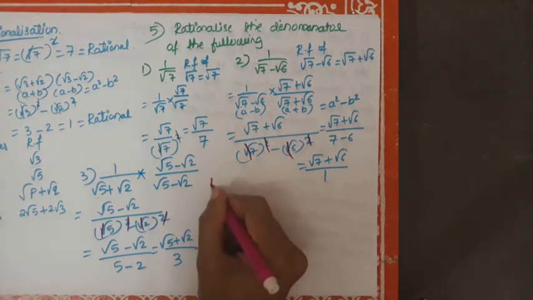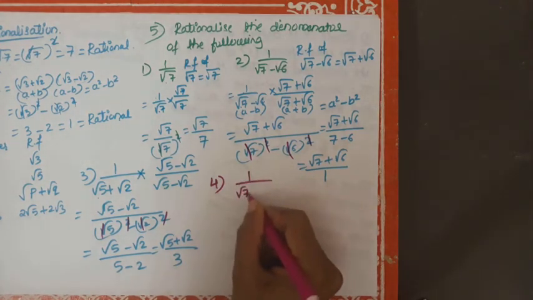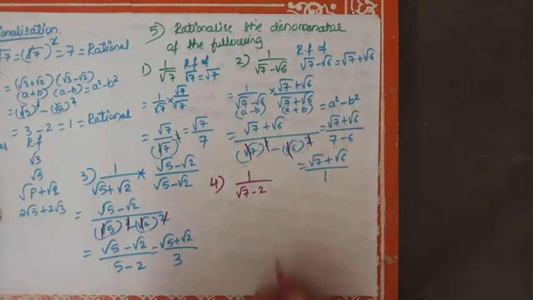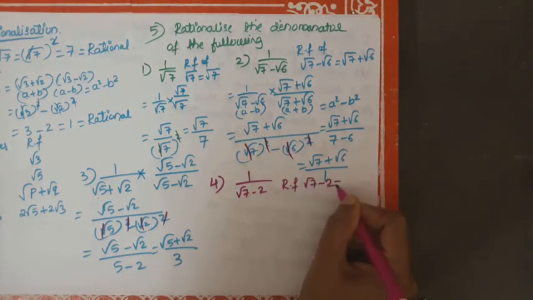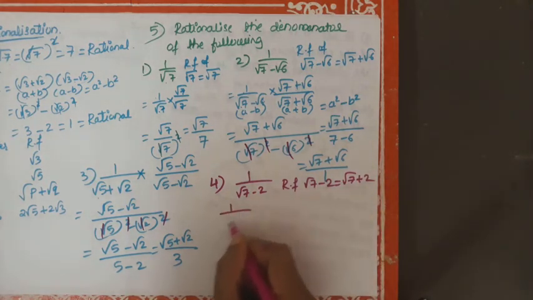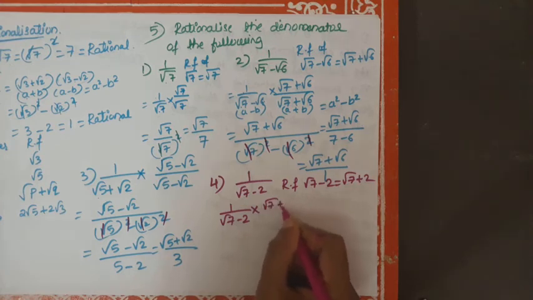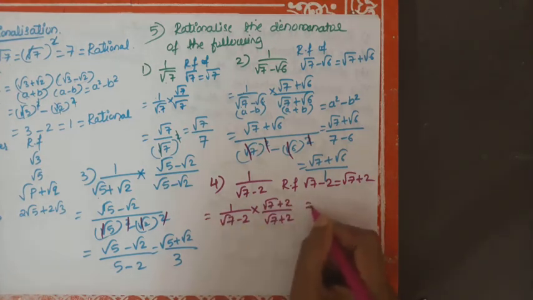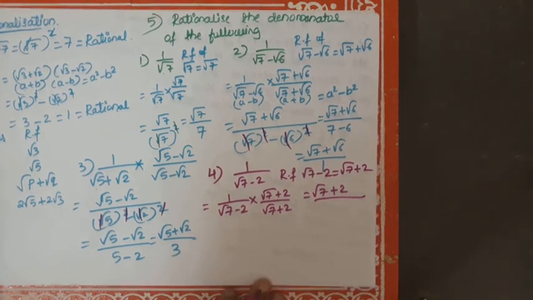Next, the fourth question is 1 by root 7 minus 2. Here the RF of root 7 minus 2 is root 7 plus 2. Then multiply and divide by the rationalizing factor. So here we have 1 into the same, root 7 plus 2, divided by (a plus b)(a minus b), then a square minus b square.